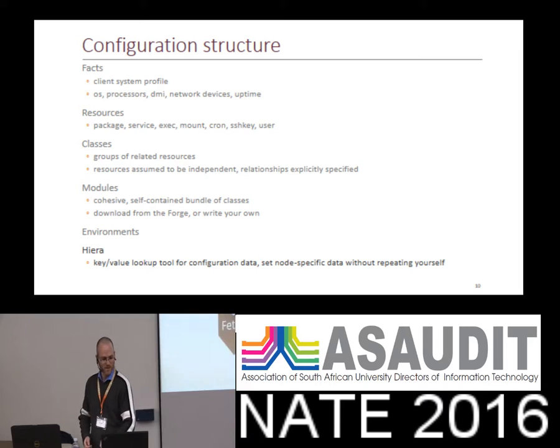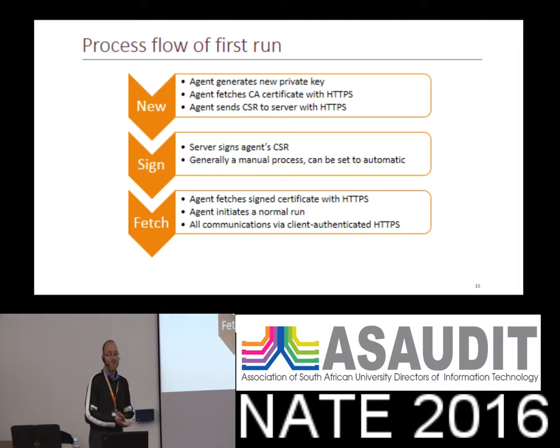Cool. So the first time your agent speaks to the server, it generates itself a private key. All communications between agent and server is via client authenticated HTTPS. There is no way, unless you enable automatic signing, that somebody can accidentally become part of your Puppet configuration.